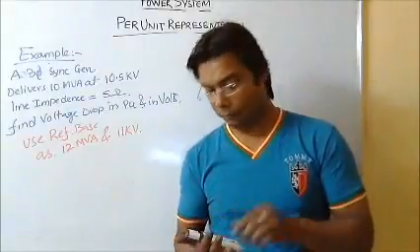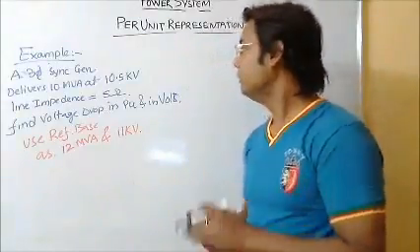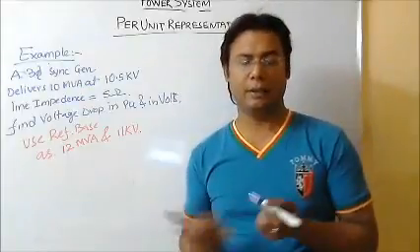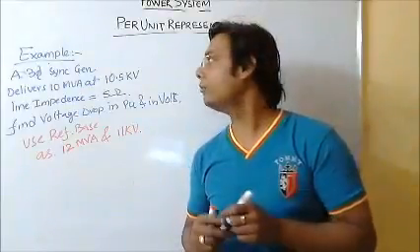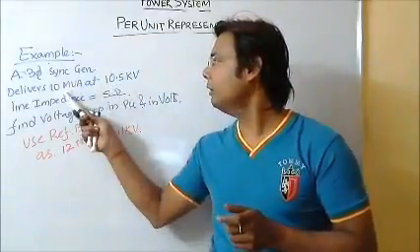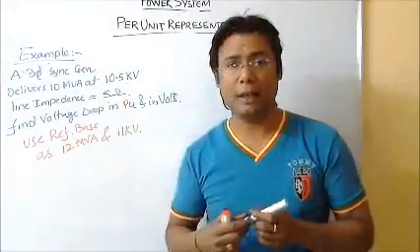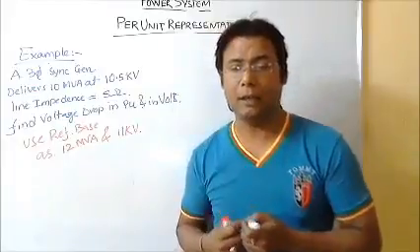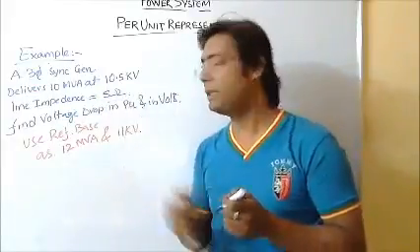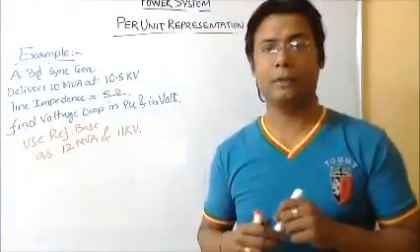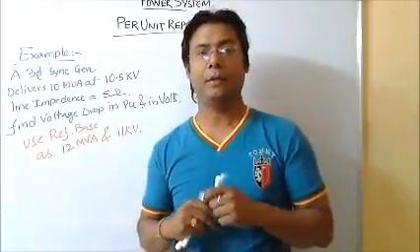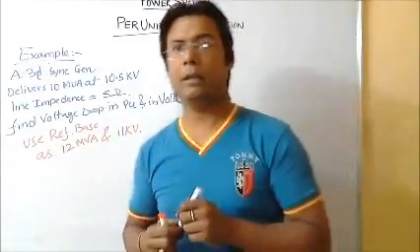So if we do this question directly, it's very easy. SB is given and this is the voltage, so we can find the current, and since the impedance is given as 5 ohm, current into this will be the voltage drop in the line. So that is very easy to understand.